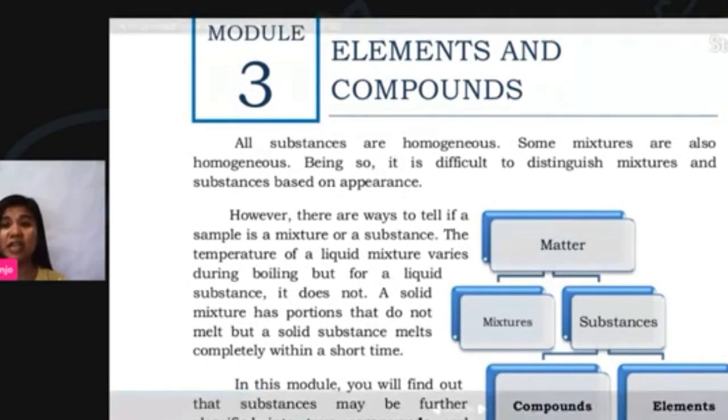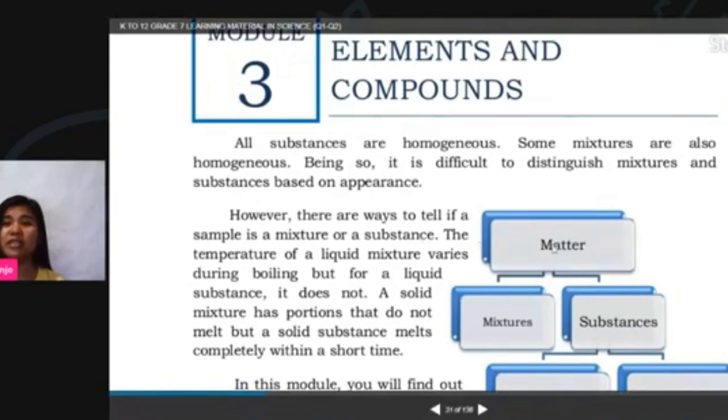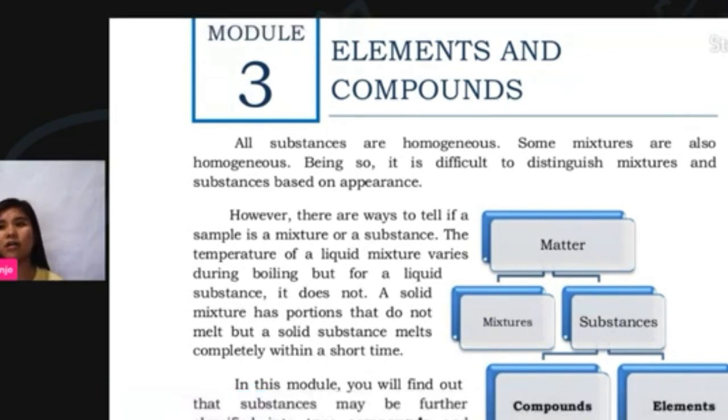That was our discussion in the previous module. That is how to differentiate mixture and substance. Solid mixture or solid substance, you are going to melt. Liquid mixture or liquid substance, you are going to boil. During boiling, a pure substance has a consistent boiling temperature, whereas the mixture has a varying one.